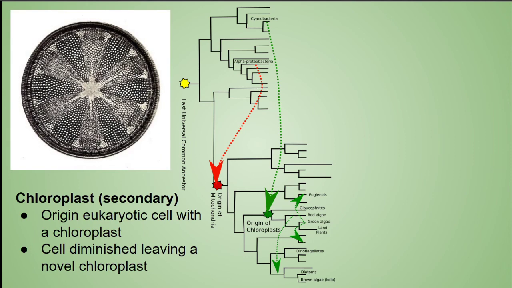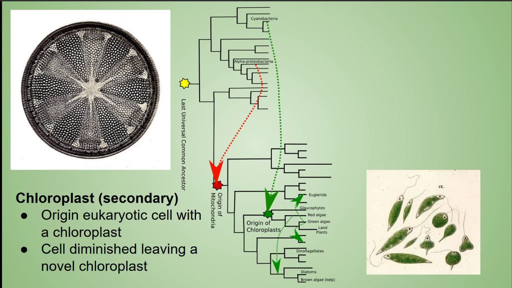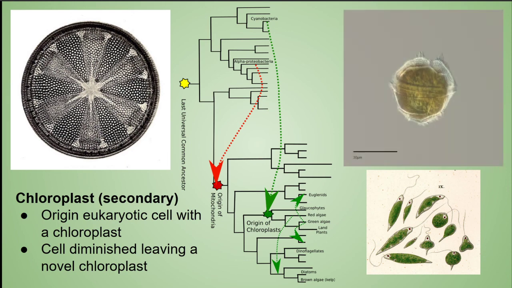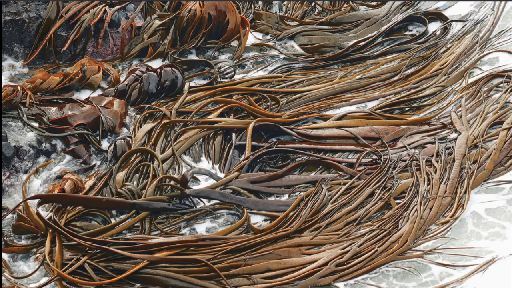This process probably accounts for organisms like diatoms, as shown here, euglenids, dinoflagellates, and many other groups as well, including the kelp, which are large and plant-like, but are actually considered protists and are a separate group. So they probably acquired plant-like characteristics through a completely unique origin, and became multicellular separately.